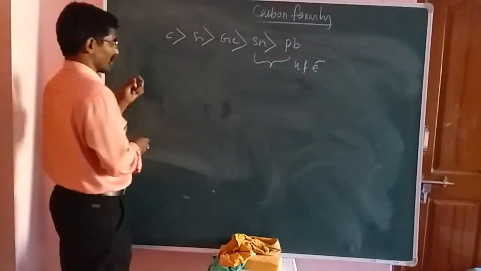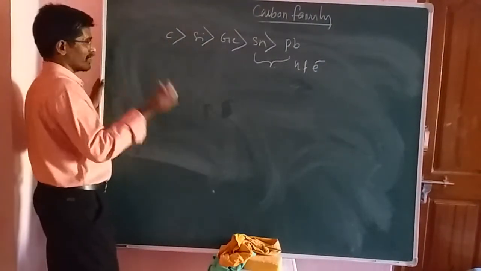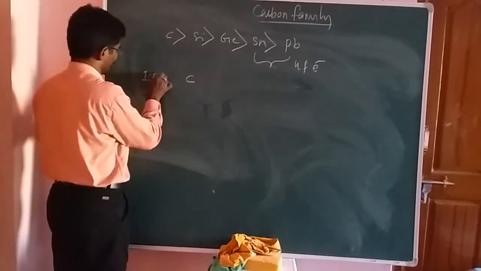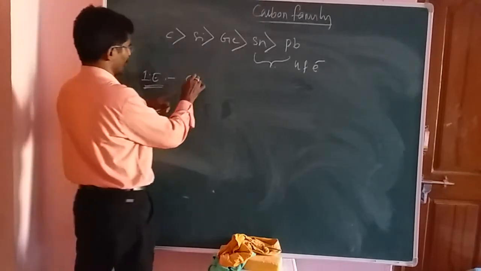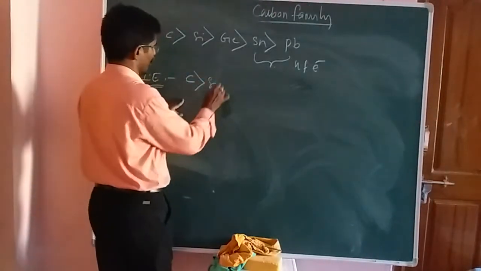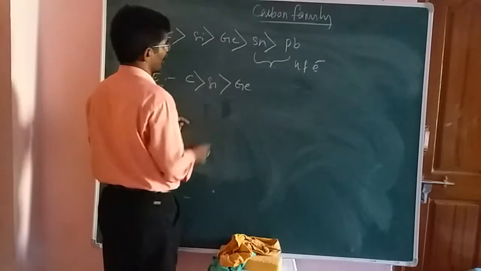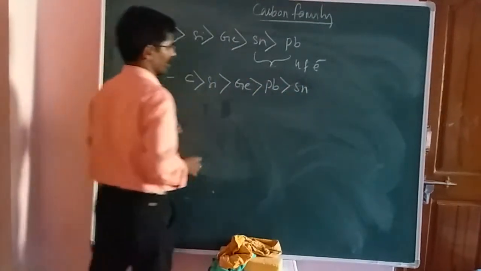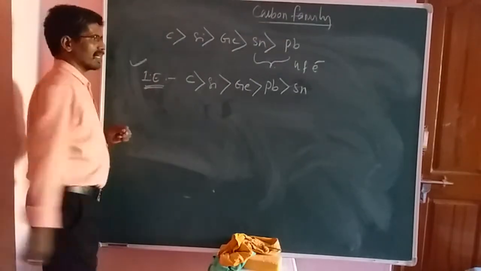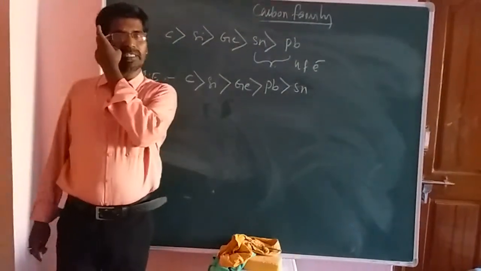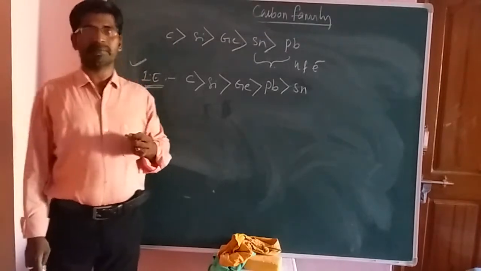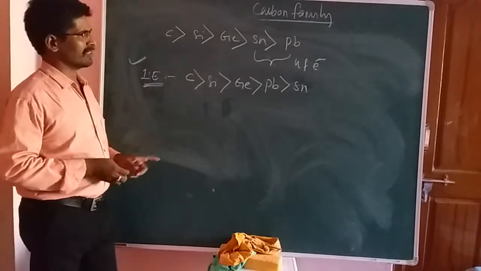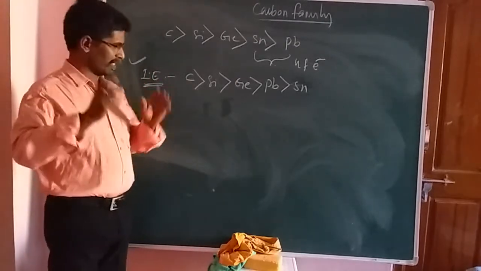So the original order of ionization potential or ionization energy is: carbon is greater than silicon, which is greater than germanium, which is greater than lead, which is greater than tin. This is the correct order for the ionization potential or ionization enthalpy of group 4 elements. It will be clear now.